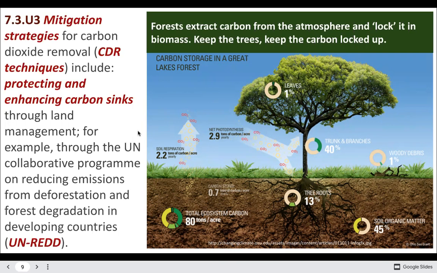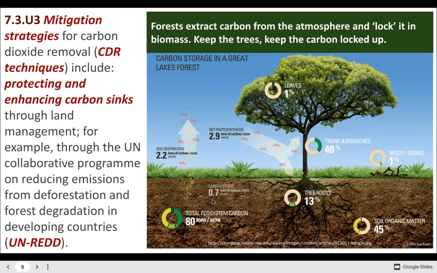So carbon dioxide removal includes protecting and enhancing carbon sinks. Carbon sinks are just places that absorb carbon. So we can see carbon being absorbed through photosynthesis, and then the carbon ends up being stored in the tree, in the trunk and in the leaves, but also in the debris and detritus. And then there's also a lot of carbon in the soil itself, actually.